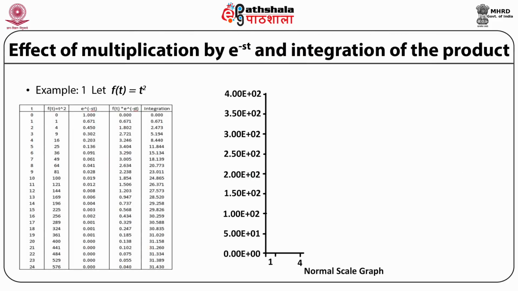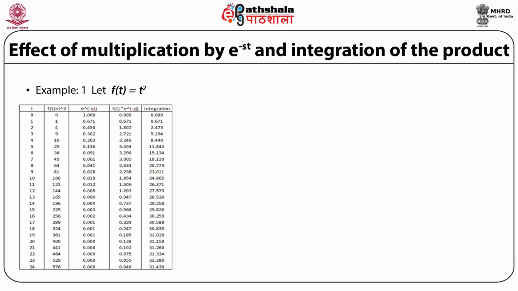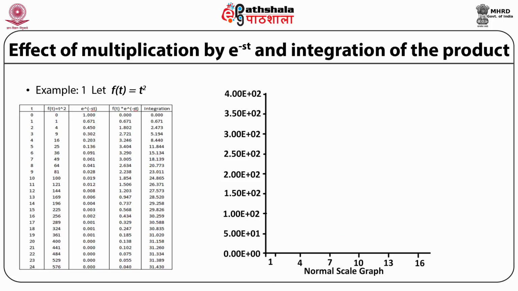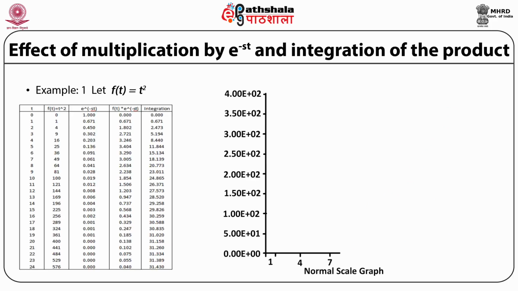The effect of multiplication by e power minus st and integration of the product: we are going to see some graphical examples. Let us take a function t squared. You can do this by opening an Excel sheet. You can take time t equal to 0, 1, 2, 3, 4, 5 up to long values, maybe 100, 200.